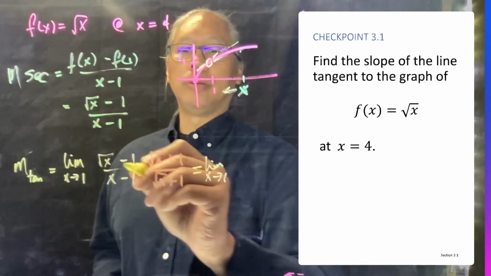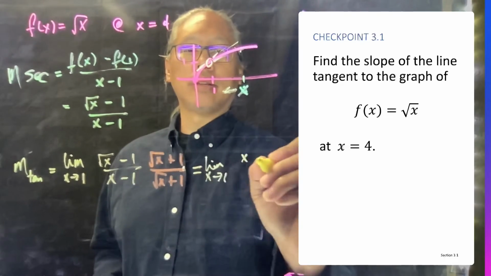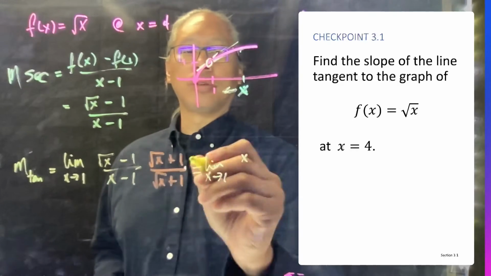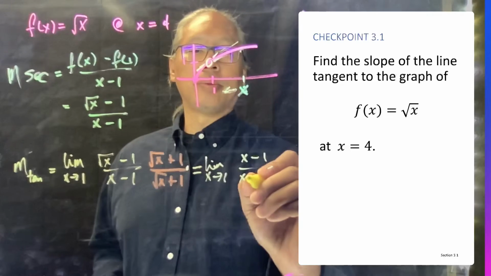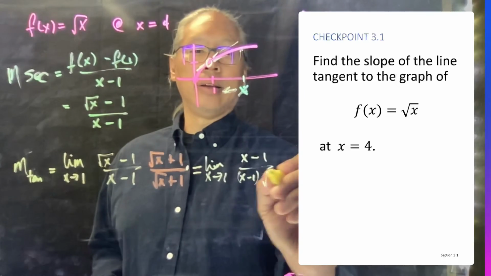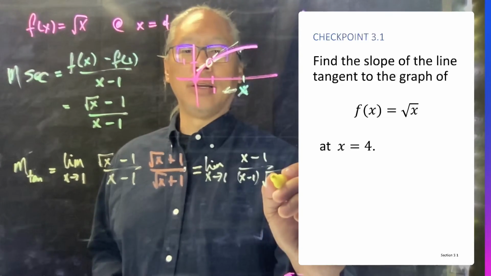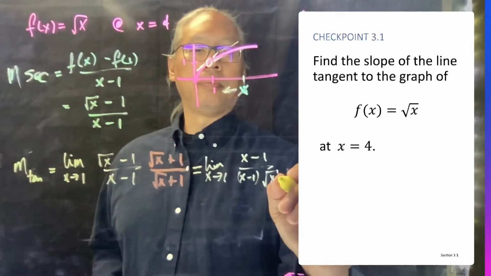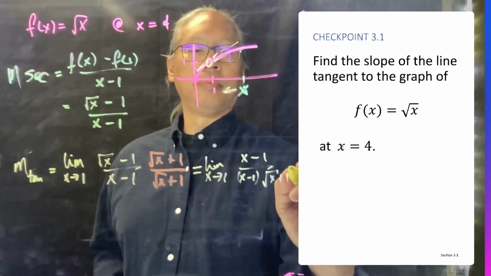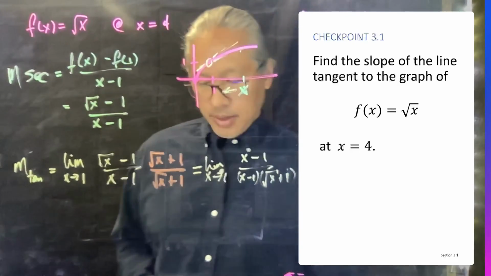So the square root of x squared is x, and 1 squared is 1. And then in the bottom we have x minus 1, and that newly multiplied by the square root of x plus 1, the conjugate.